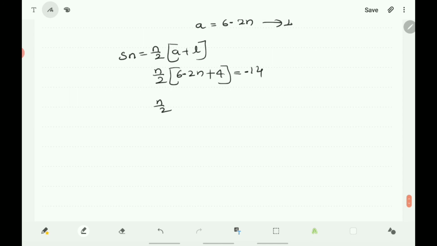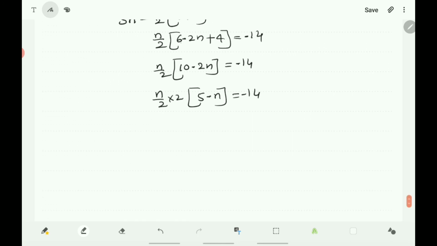n by 2 into 6 plus 4 is 10 minus 2n is equal to minus 14, and you can take 2 common here. n by 2 into 2, that is 5 minus n, equals minus 14. The 2 cancels, multiply n by 5 minus n, it becomes 5n minus n square, and taking minus 14 across, that becomes plus 14 is equal to 0.